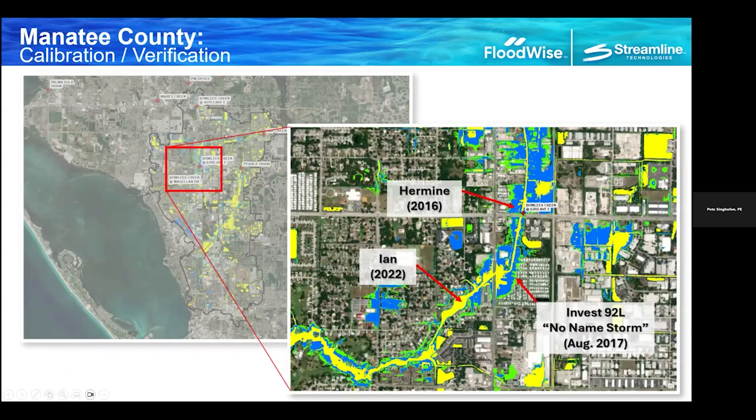And then Manatee County wanted us to look at about 5 different other storms and different kinds of combinations of storm surge and rainfall. And so we provided them with that information. So this is all part of the model setup, calibration, verification.